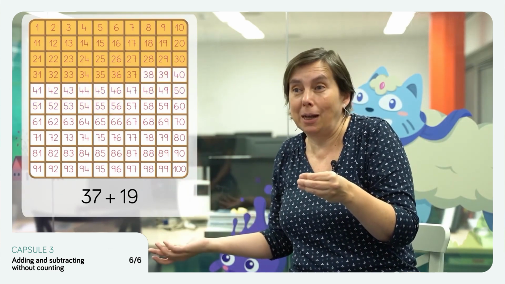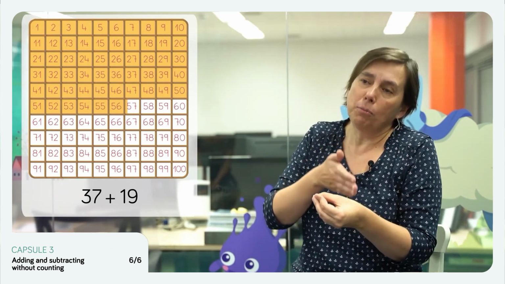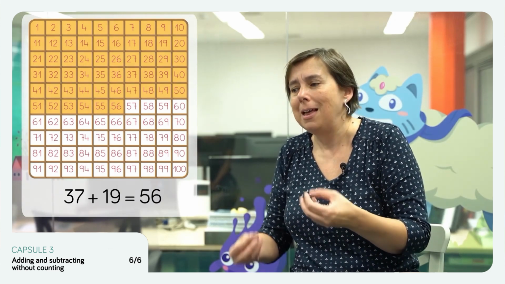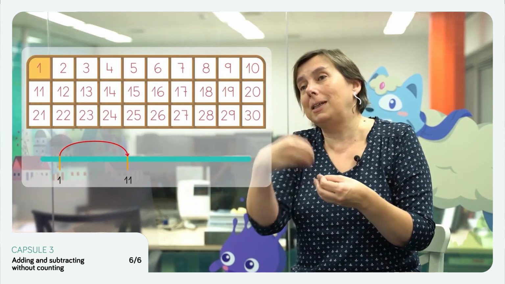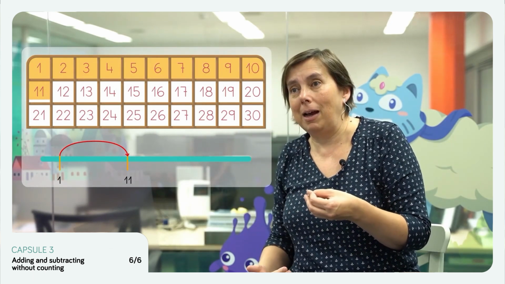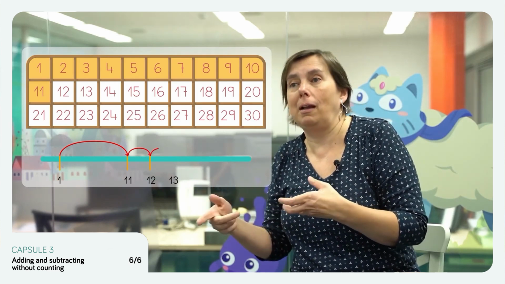Or, as we already mentioned, as 19 is a number so close to 20, I can start at 37, go down 2 rows, which puts me at 57, and then go 1 step backward, which gets me to the result of 56. The basic idea is that making jumps of 10 means moving on the grid vertically, and making jumps of 1 means moving on it horizontally.